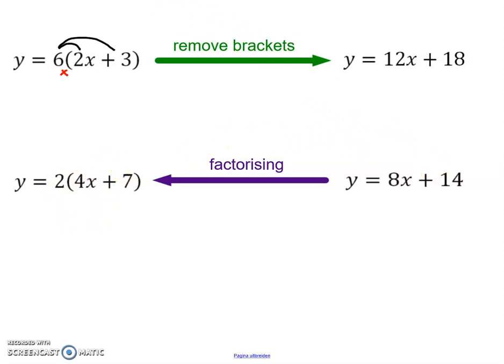So again, now we do have a formula with two factors. The first one is 2, and the second one is 4x plus 7. So factorizing is the opposite of removing brackets over here in this example. So this means I'm going to write my formula as a product of two factors.